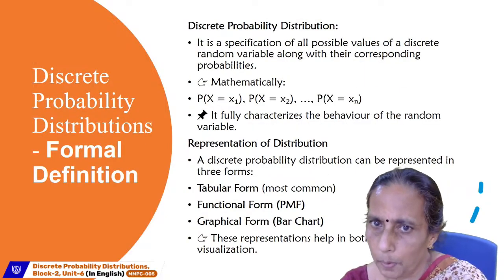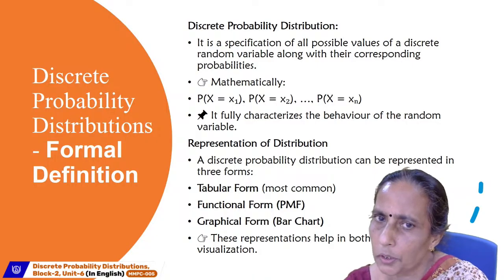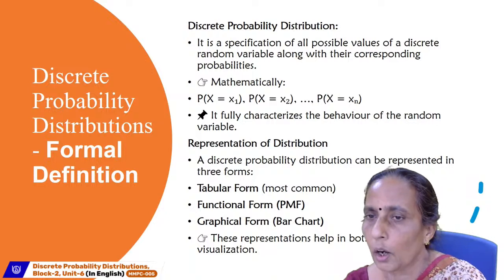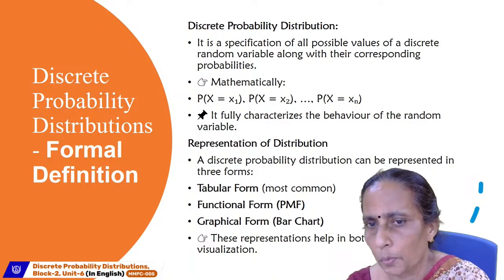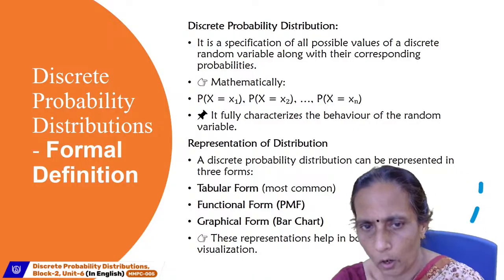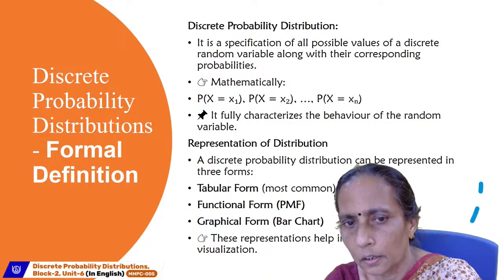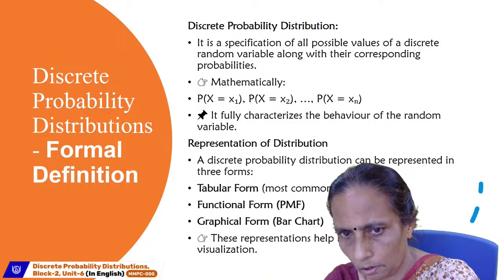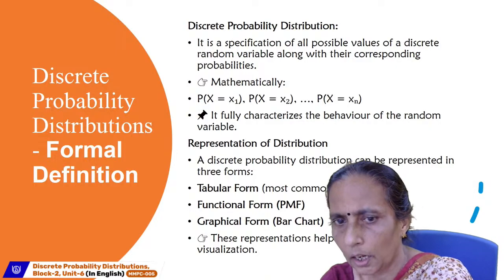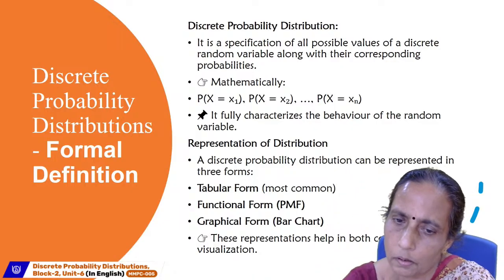A discrete probability distribution is a specification of all possible values of a discrete random variable along with their corresponding probabilities. Mathematically, you may say the probability of, suppose, the lot with number of defects as x1, x2 and xn. It fully characterizes the behavior of the random variable.